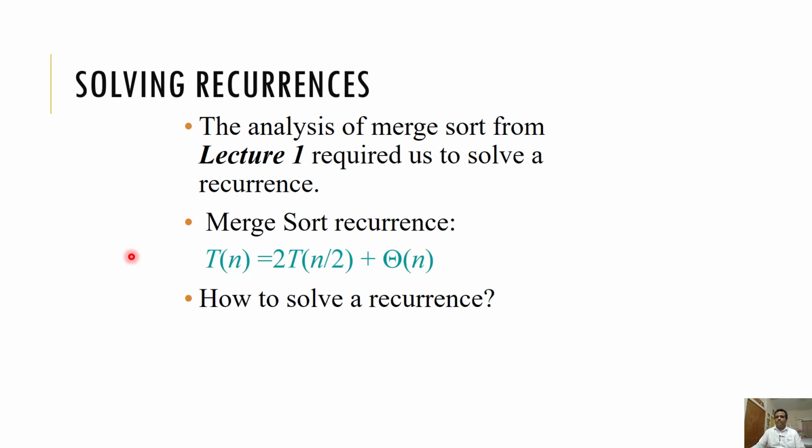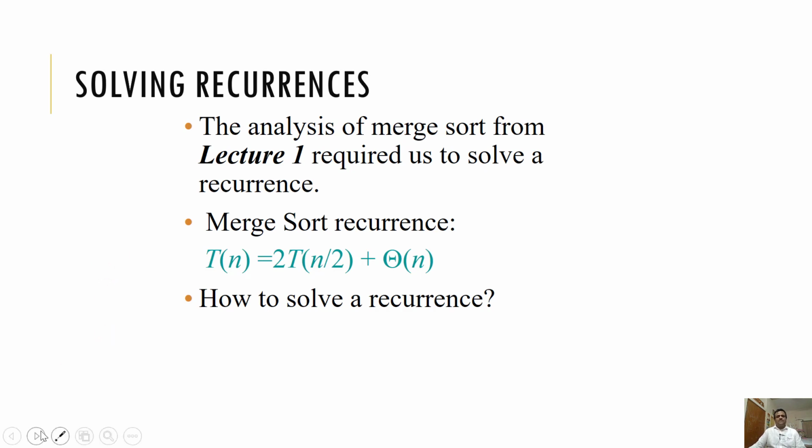The master method is a more powerful method, by which most of the common recurrences can be solved. We usually get the time of any algorithm in a recurrence form, and then it is necessary to solve those recurrences.